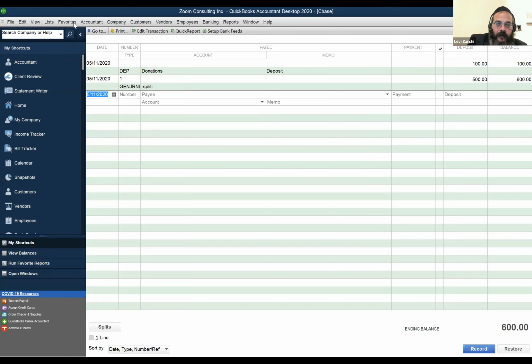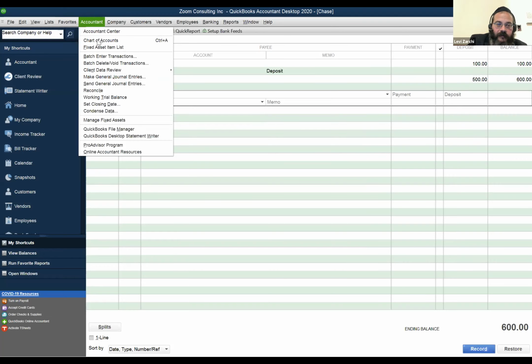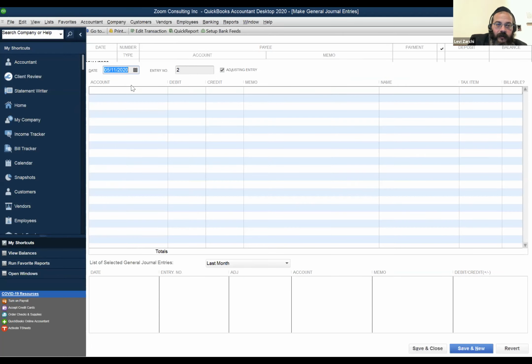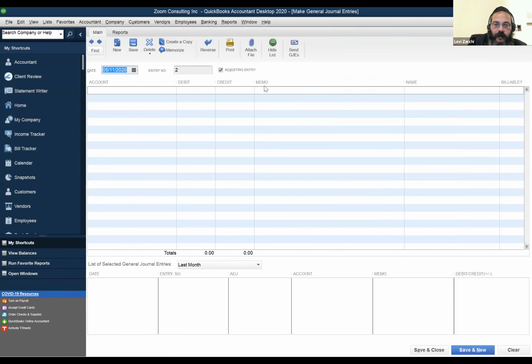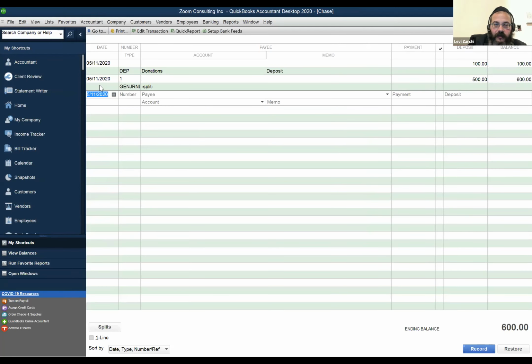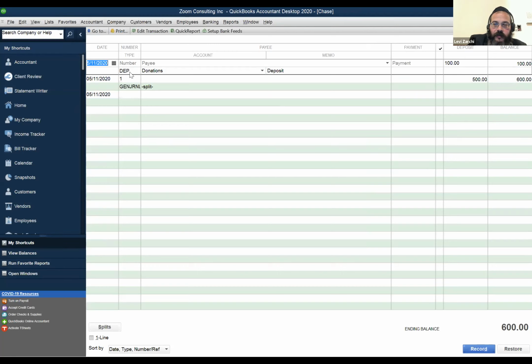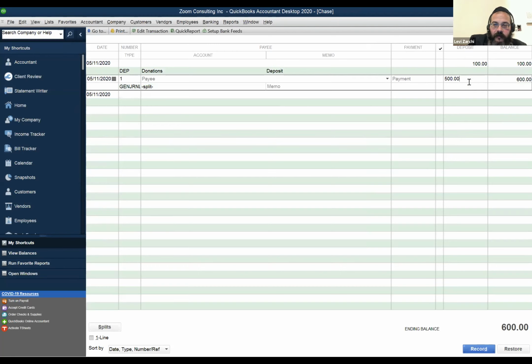Another way to record that is you would go now, if I got another donation, I would go make general journal entries. By the way, if you notice, it's interesting, even though I did deposit it directly in the bank. Okay, so here the $100 is donation. The $500 that we did last time as a journal is a general journal entry.